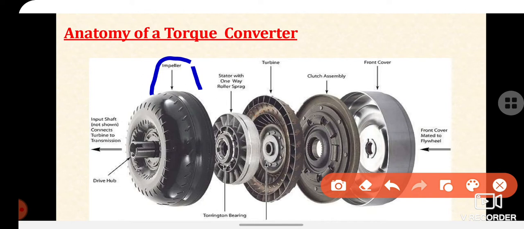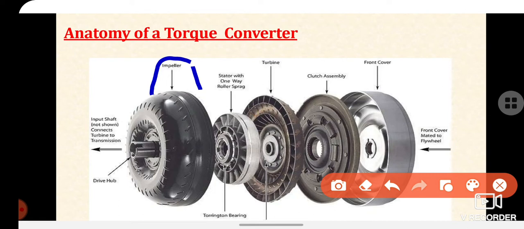It has curved and angled vanes. It rotates with the engine speed and consists of automatic transmission fluid. When it rotates with the engine, the centrifugal force makes the fluid move outward. The blades of the impeller are designed in such a way that it directs the fluid towards the turbine blades.